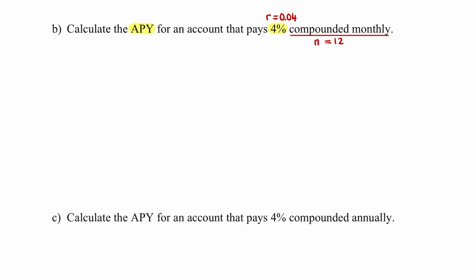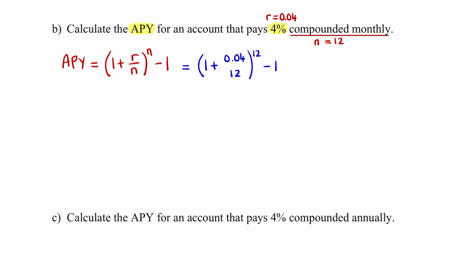So I'm going to use my APY formula. I'll replace R with 0.04 and N with 12. 1 plus 0.04 over 12 to the 12 minus 1. And I put this all in the calculator at once.